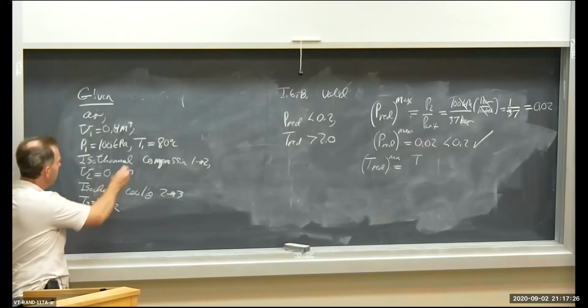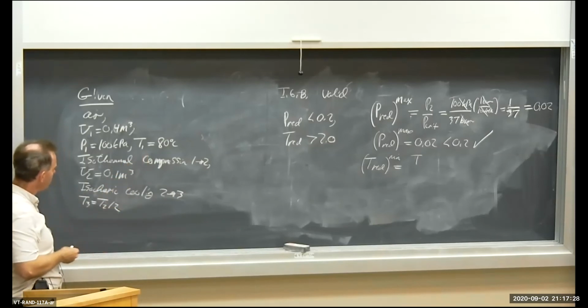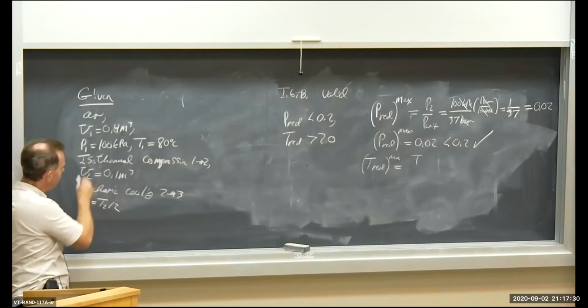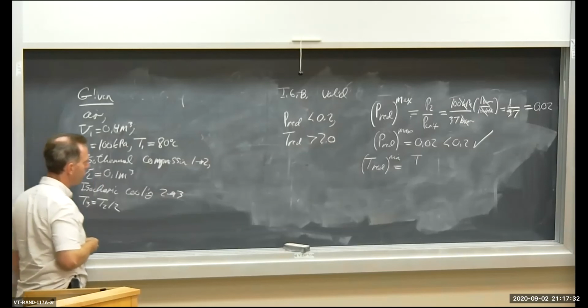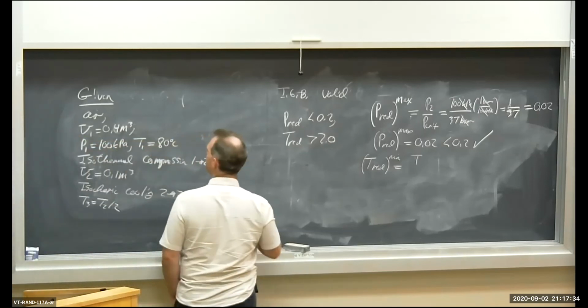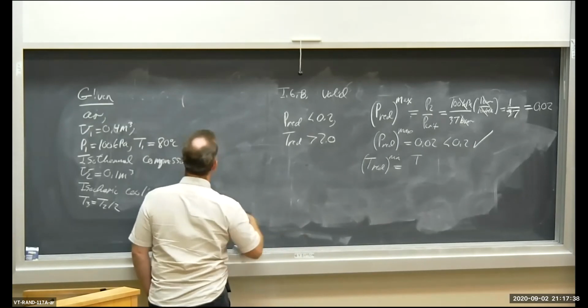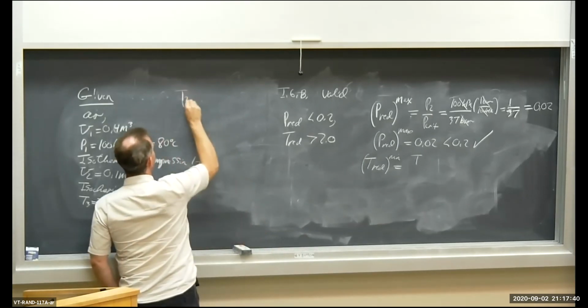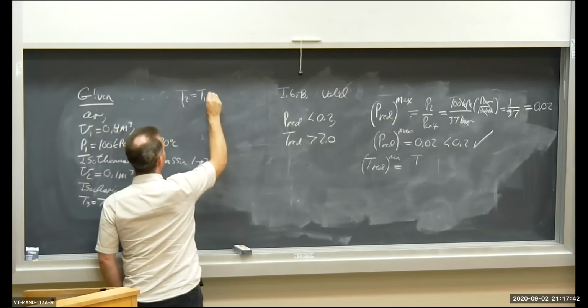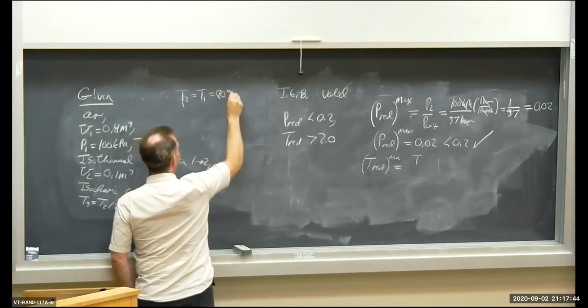Temperature T1 is 80 degrees C. Then we have isothermal compression, so T2 is equal to T1, which is 80 degrees C. How do I know that?